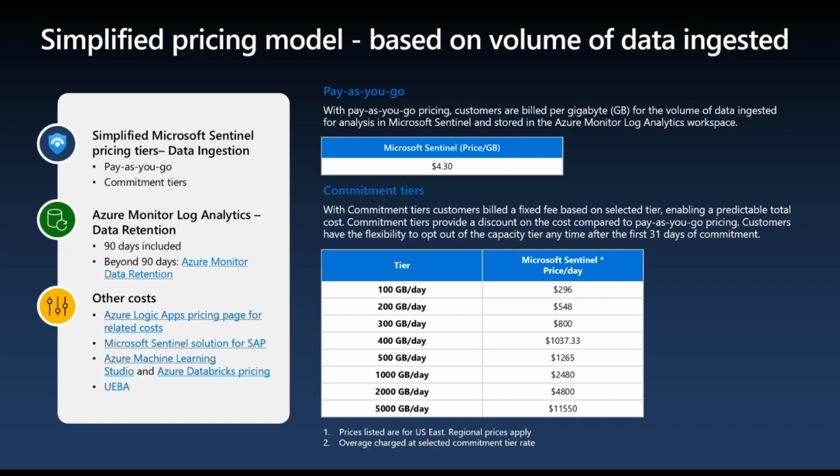Over here are a few other costs, some of them that we mentioned, and one in particular that was not listed on the other slide, and that is Microsoft Sentinel solution for SAP. So we can do detection, threat detection, and alerting against your SAP system.